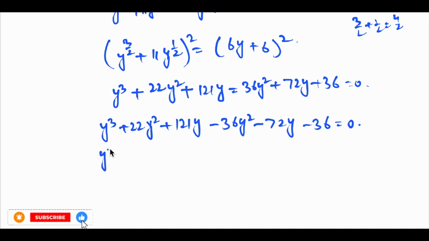This is y cubed plus 22y squared minus 36y squared, which becomes minus 14y squared. Then 121y minus 72y is 49y. Plus 49y minus 36 is equal to 0.